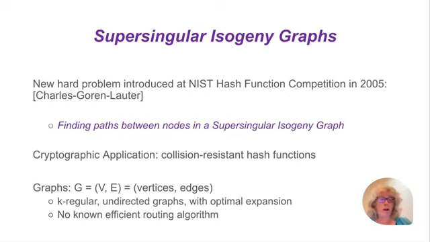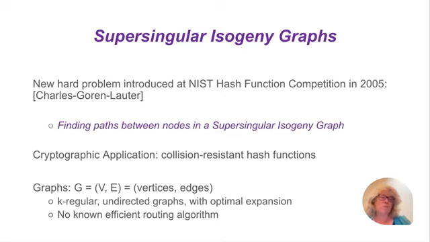And the hard problem was to find paths between nodes in the supersingular isogeny graph. This is actually a problem that had been studied by Steven Galbraith in a paper from 1999, with only exponential algorithms known for solving this problem.